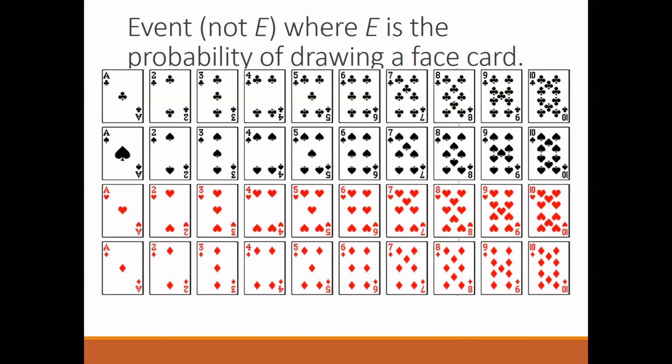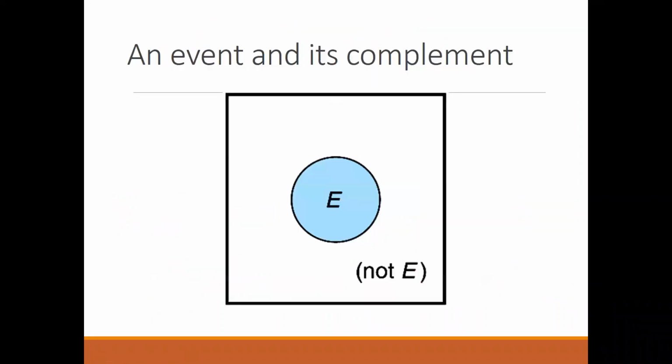So what is the probability that whenever I draw a card, it is not a face card? 40 by 52, because if you remove the face cards, the remaining cards will be 40 out of 52. That can be reduced to 10 by 13.